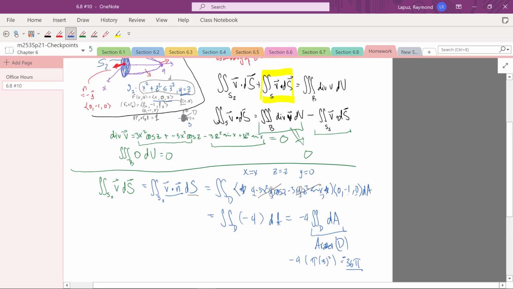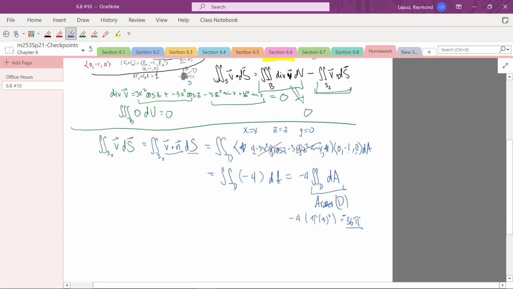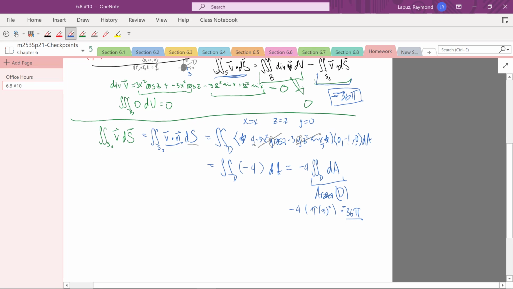All right. So that's this integral, and then there's another negative in front, so that would make that positive. So then finally, we can say this is equal to 0 minus -36 pi, which will give us a positive 36 pi.